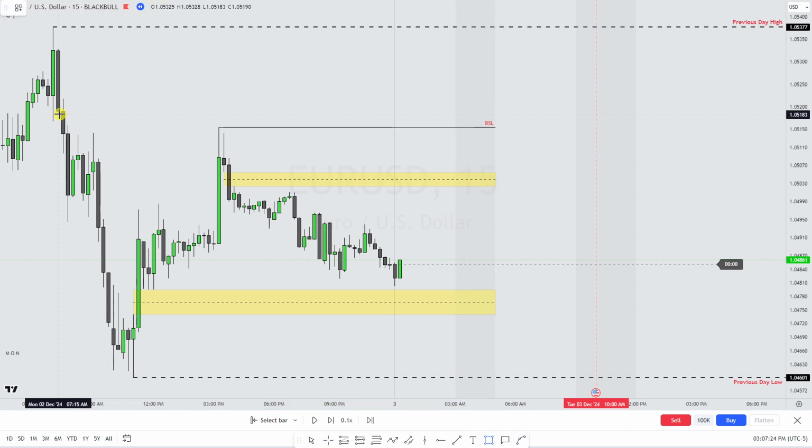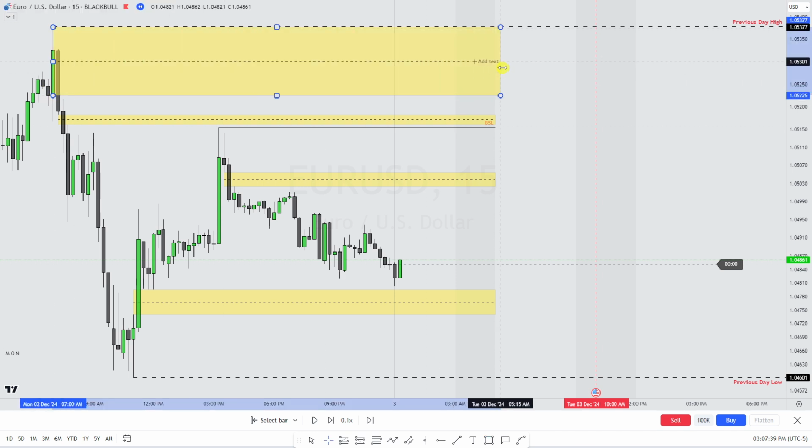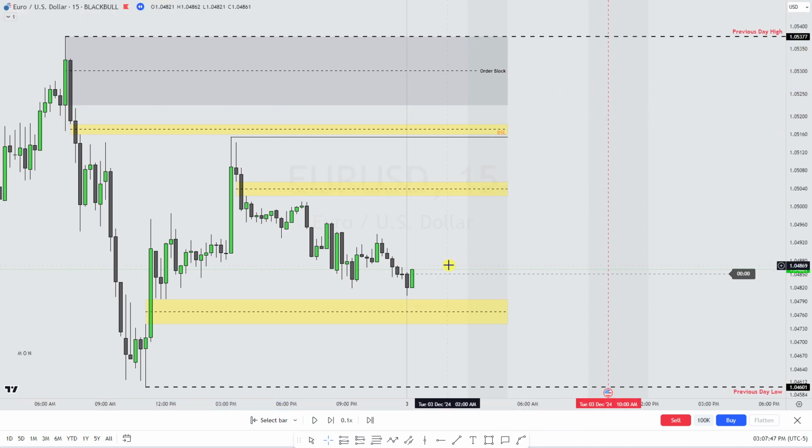There is an imbalance here. And an order block right there. So the reason why I'm plotting these points of interest is because I want to see how price reacts from these levels for me to know what I'm more likely to do.